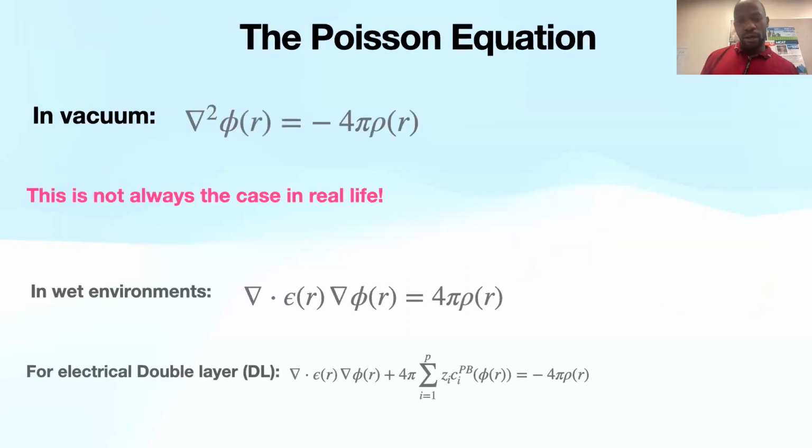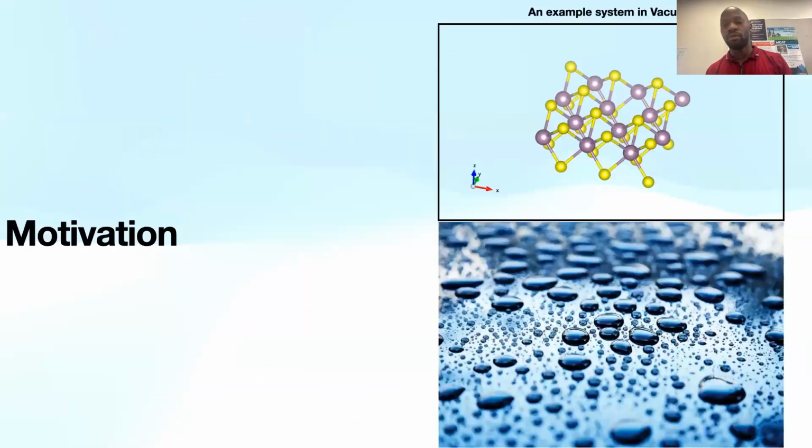And the Poisson's equation might vary depending on which kind of situation you're in. If you go back to the first slide, the motivational slide, and look at just the single system that we have on top, it is in an isolated environment.